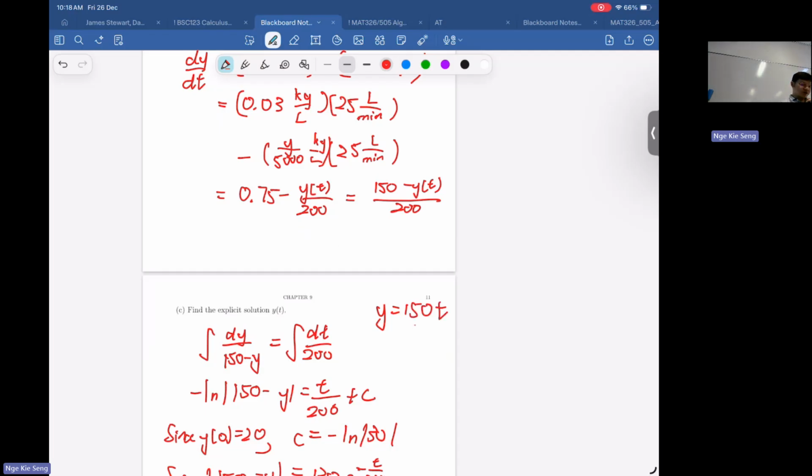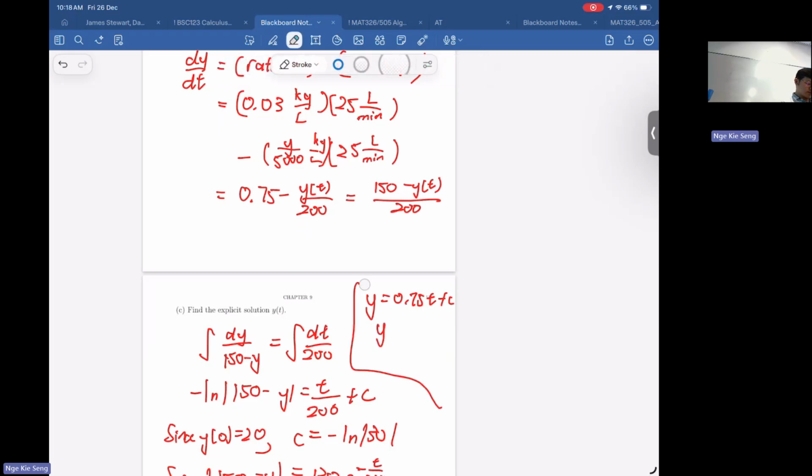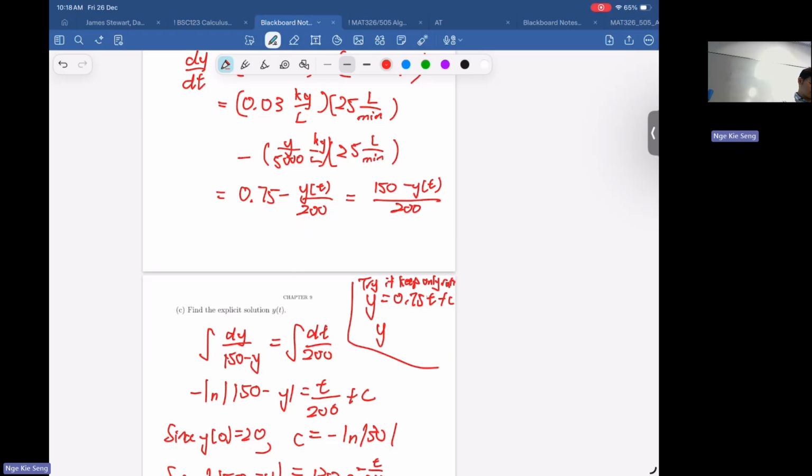No, that's too much, right? 150 times 30. Wait. Sorry, y equals 0.75t plus c, right? So let's try what you say. Just try only rate in.